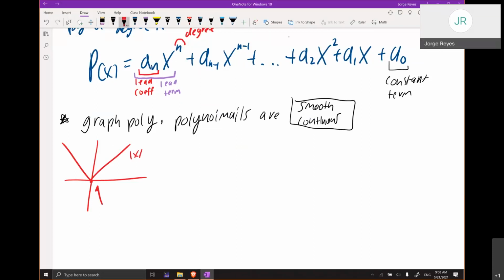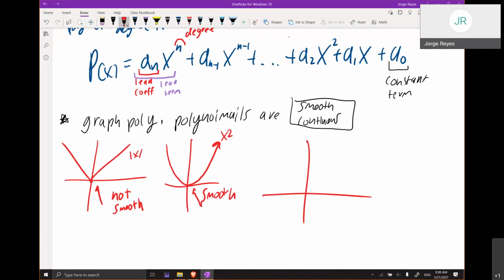This is not a polynomial because it's not smooth. It has a corner right there at x equals 0. Whereas x squared is a polynomial and it is smooth. And then anything like the reciprocal function or stuff like that, this is not continuous because you have to pick up your pencil.